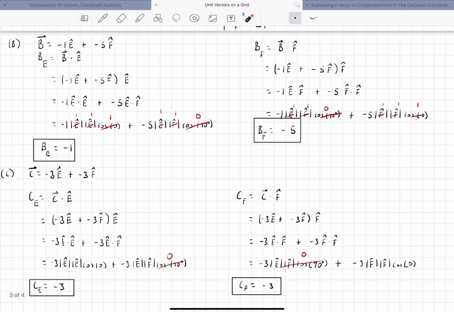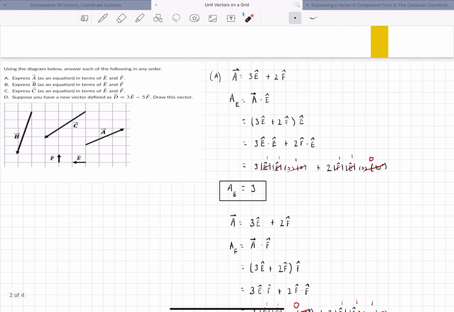And then for parts B and C, I use the same process as part A. As you can see here, we have B sub E is equal to -1, B sub F is equal to -5. When you look at vector B, it's going to the left 1 square, going down 5 squares.